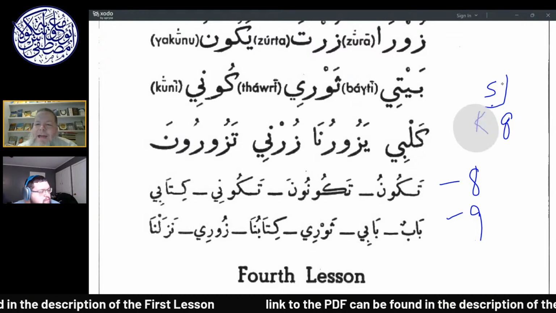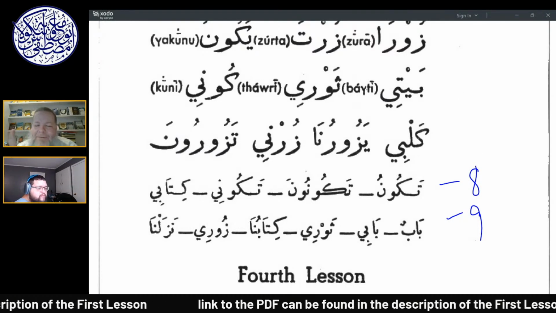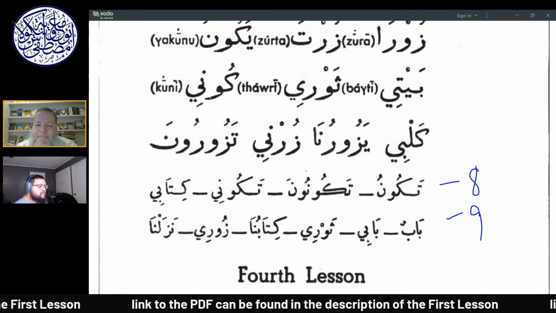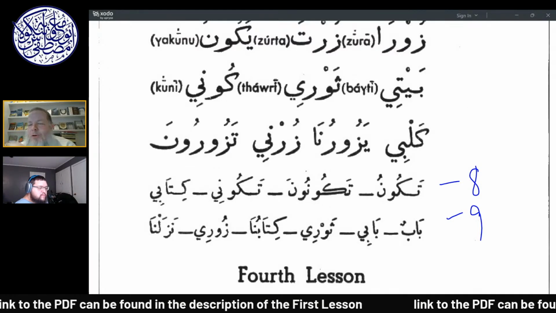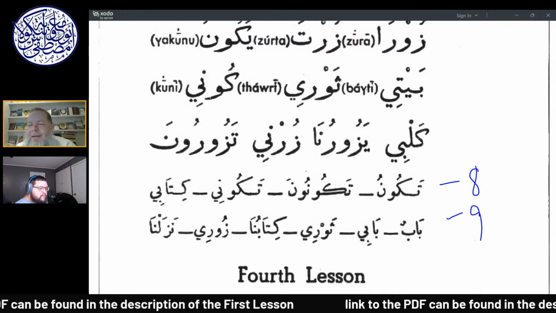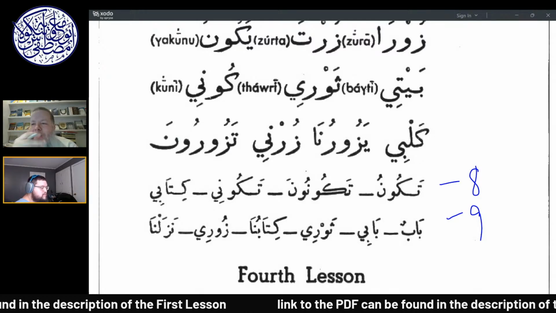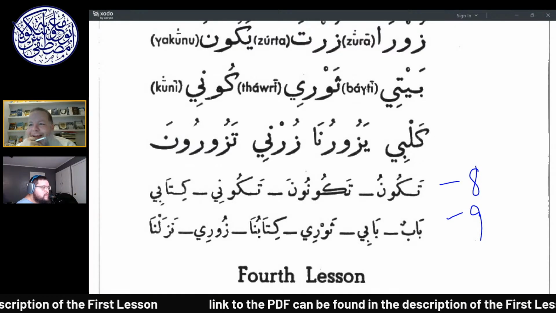Americans, we have a problem, and not everybody, but Americans have a problem of putting long vowels where they don't belong and not putting them where they do belong. This is something we do.